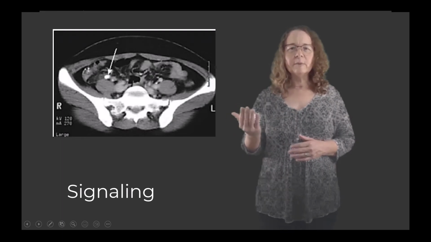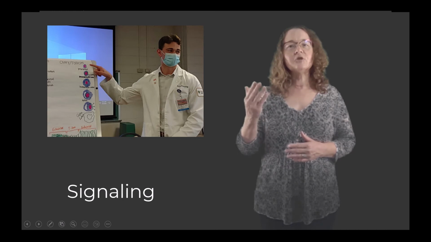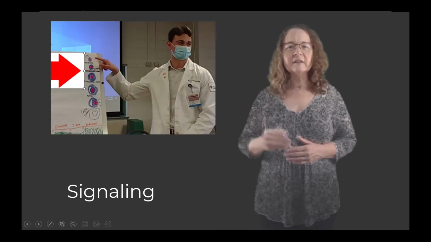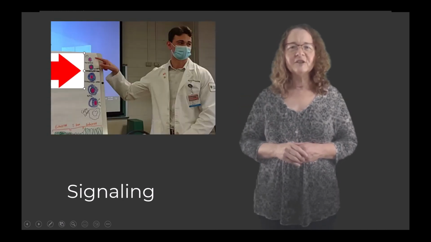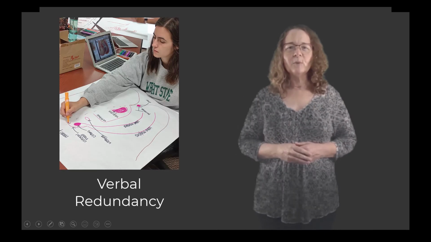The other things that we might point out is when we draw our anatomy and we're able to point to things like this student is doing, and then I can add extra arrows to really show signaling, hey, this is really important, pay attention. Verbal redundancy then might be saying things over and over and over, where if we put pictures with it, that will help them remember more.